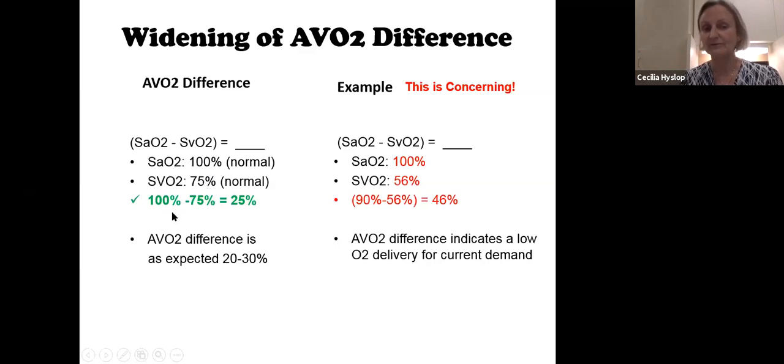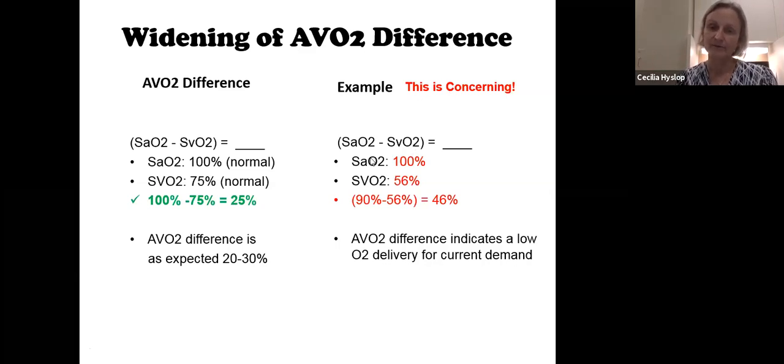So the AVO2 difference is 25%: 100% in your arterial saturation or your sat probe on your finger, minus 75%, which is what is left when your body has consumed it. Then we're happy with that. But what about this example over here?